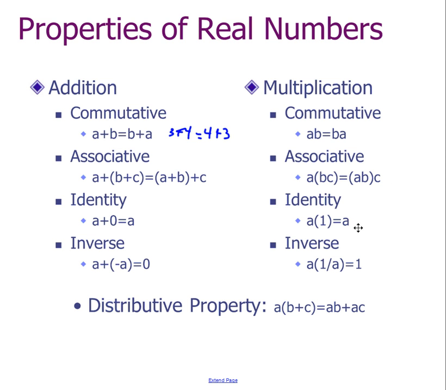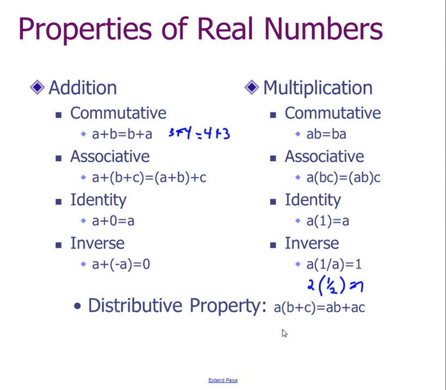The inverse property, again, reverses the operation of multiplication. In this case, the inverse property says that if we multiply a number by its reciprocal, a times 1 over a, we get 1. The 2 cancel them out. And you should know, of course, 2 times something like 1/2 would equal 1 is a perfect example of that idea.